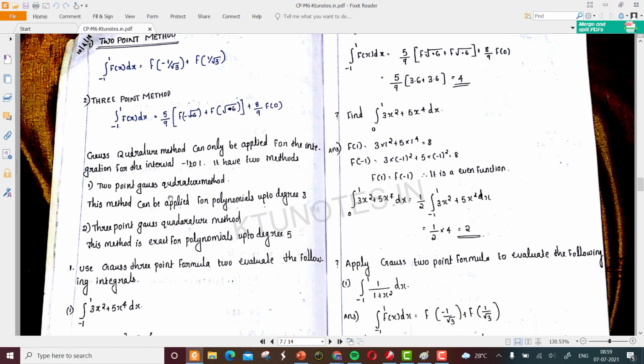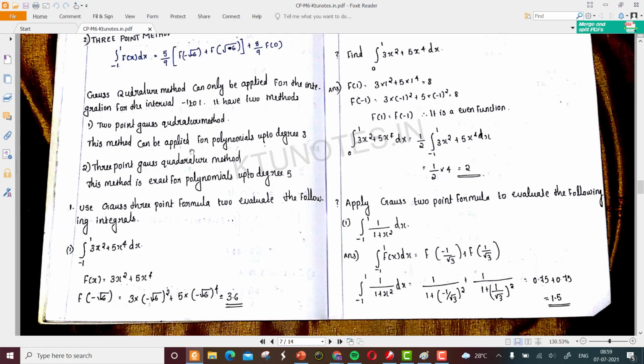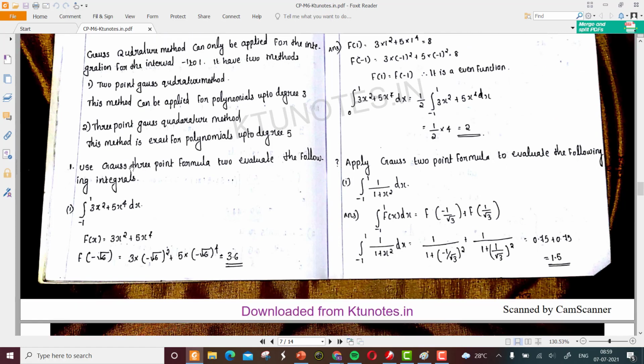Till s cube you can go for a 2-point Gauss quadrature method, and if you have a value more than s cube, s raised to 4, s raised to 5, then you have to go for 3-point method. This method is exact for polynomials up to degree 5. So the 3-point method can be used for any function up to s raised to 5, and the 2-point method is ideal only up to s cube. Okay, so next a problem will make you clear.